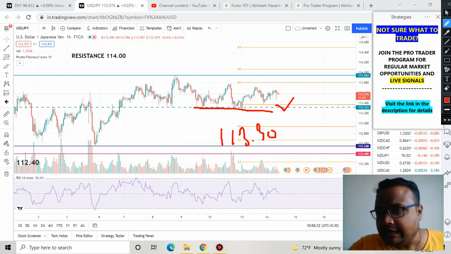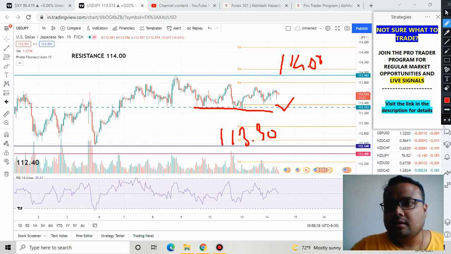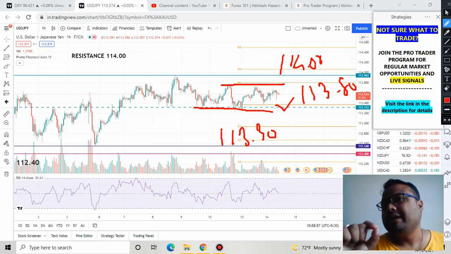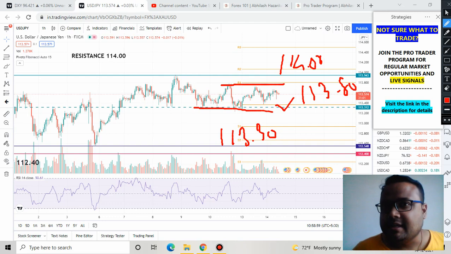On the other hand, if USD JPY goes up, then obviously 114 is the most reliable level to short the market. But right now we do not have much movement in the chart, therefore there is a possibility of the market reversing from the 113.80 level as well. So if the market goes up and reverses from 113.80, you can also take a sell position.